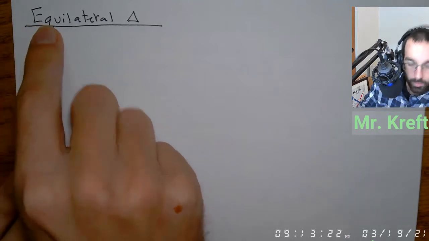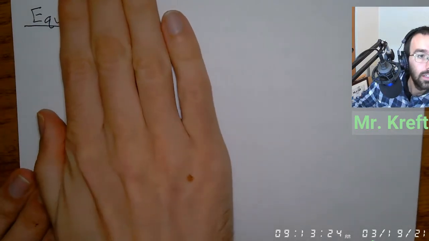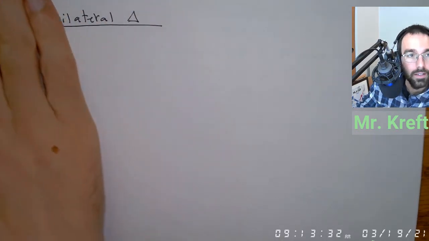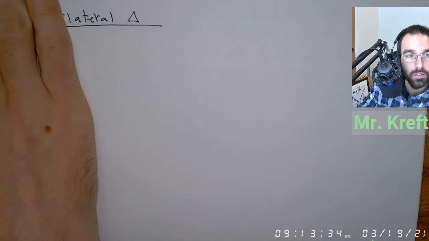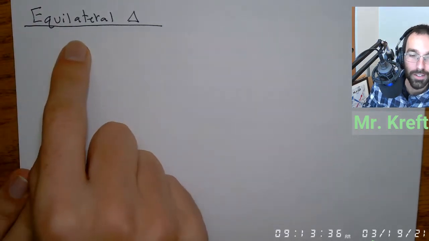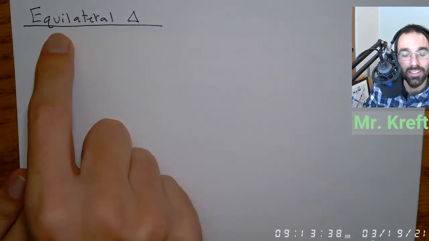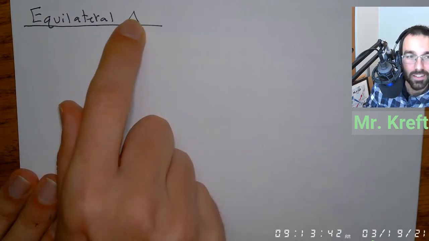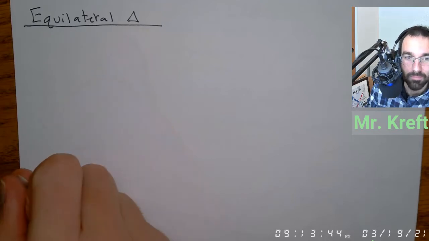Equa means equal, the same, and lateral means straight. So as a crude translation it would mean same, straight. We can interpret that to mean all the straight pieces are the same.